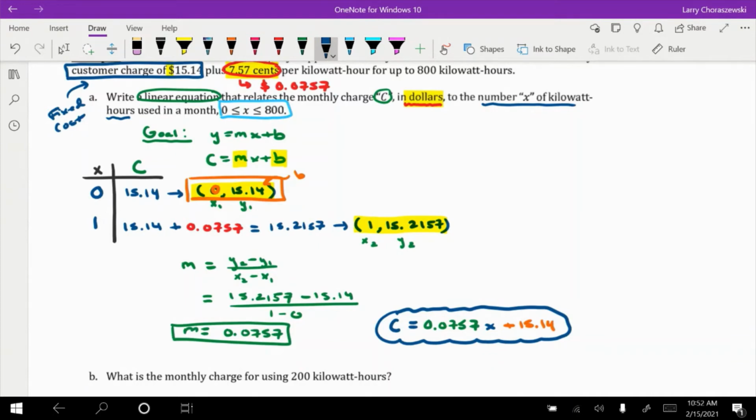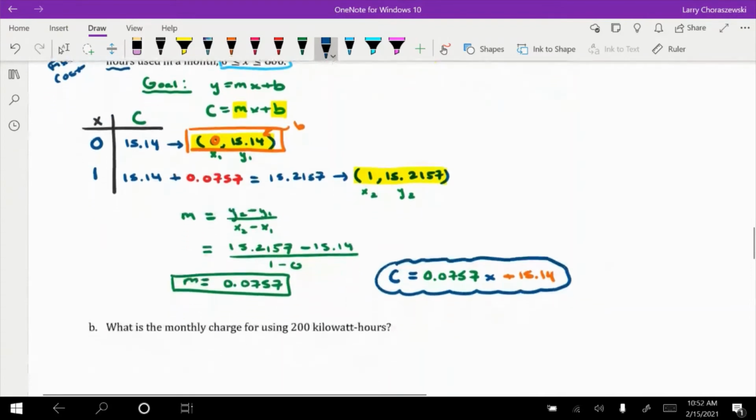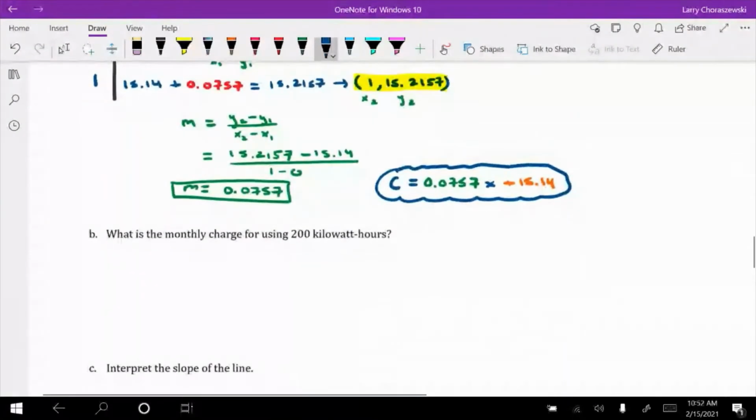What's nice about having the equation, though, is that we can pick any random value between 0 and 800 and quickly calculate its cost. And that's what example part B is all about. What is the monthly charge for using 200 kilowatt hours? What do you think we'll do to solve this?